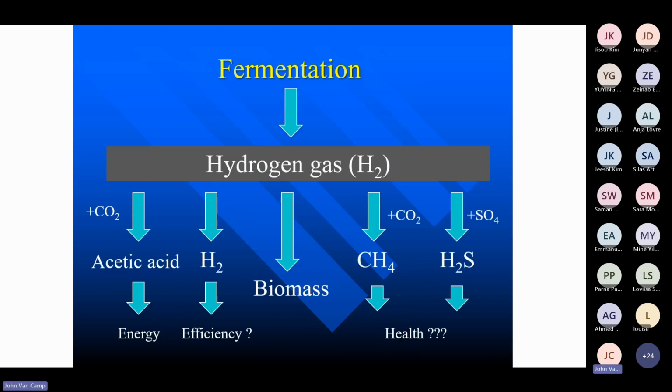The driving force of the fermentation reaction is hydrogen gas. And you can see the hydrogen gas here in the middle. It can actually lead to production of acetic acid, which will be used for energy. You could lose some hydrogen gas itself. This is not efficient.